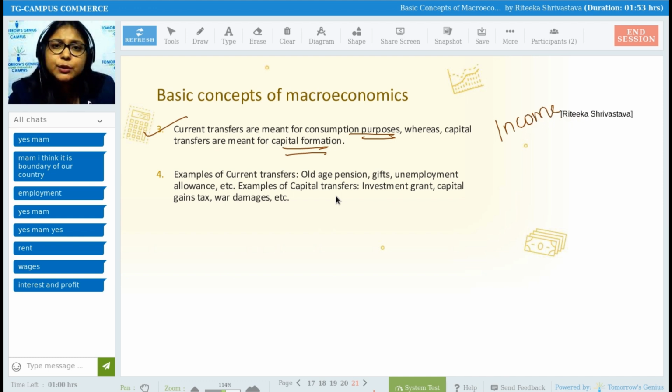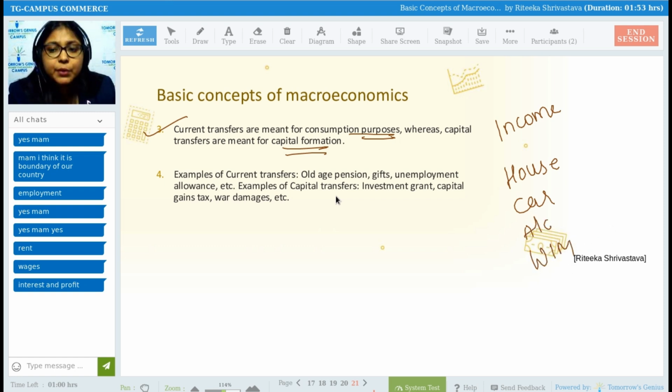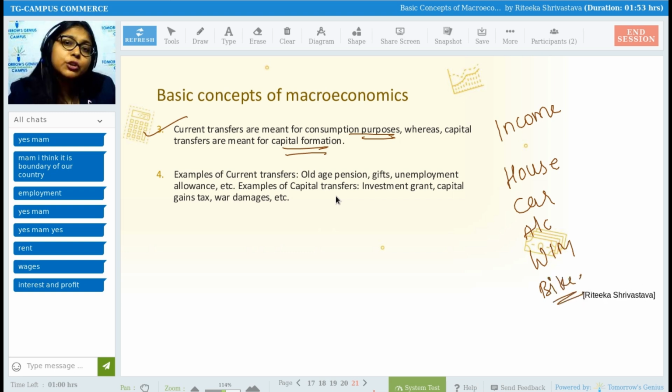But now just imagine your parents want to purchase a house, a car, an air conditioner, a washing machine, a bike, or any such thing. Then your parents will say, okay, now I have to see how much savings I have, and from that savings I will take out some money and then purchase this particular thing.